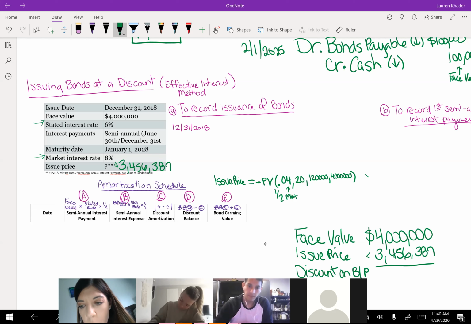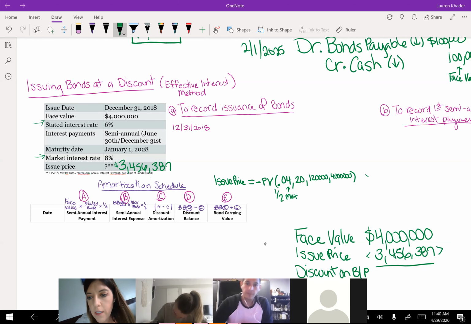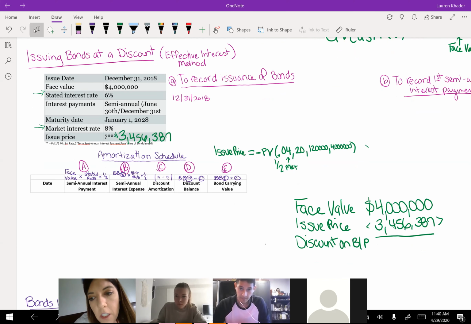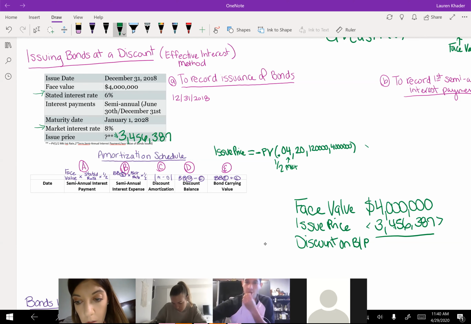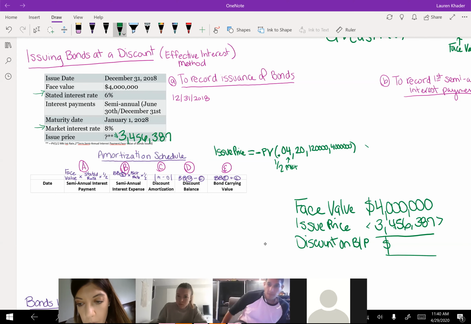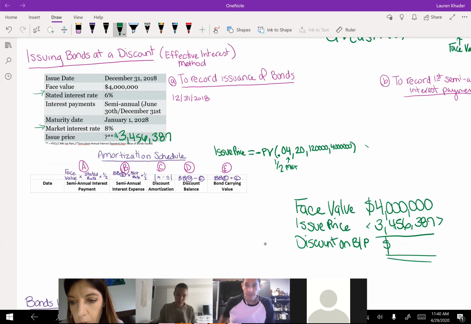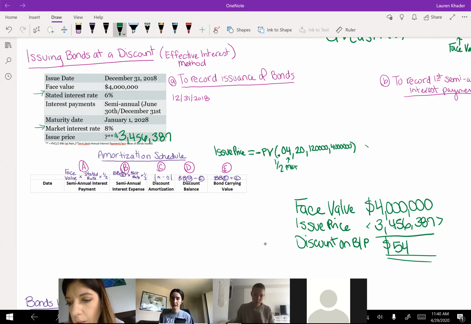So what's the difference between 4 million and 3,456,387? How much less than face value did I accept when I issued the bonds? How much is the discount? 543,613. Yeah, 543,613.